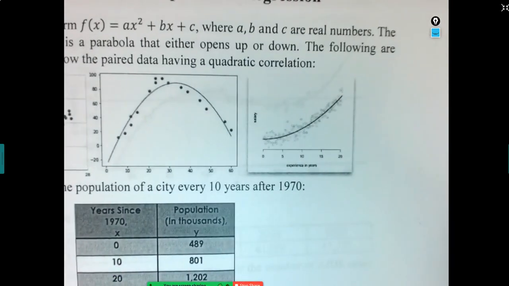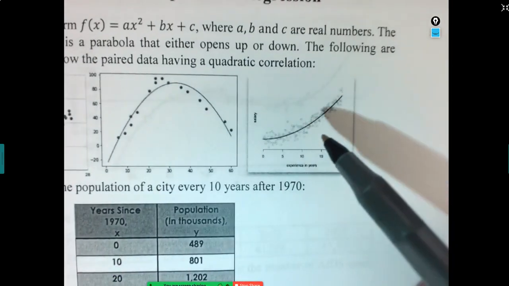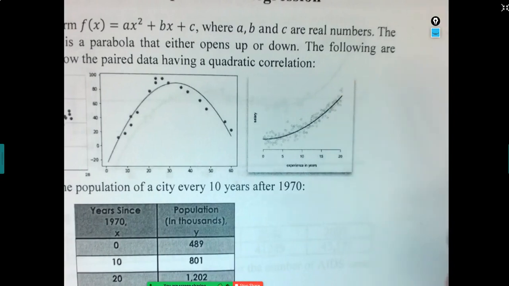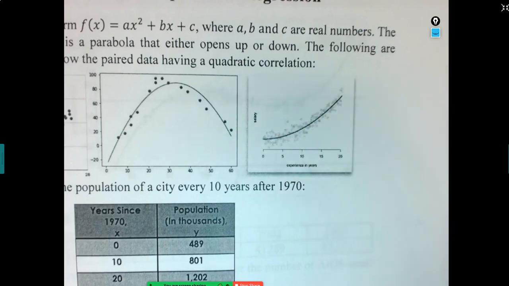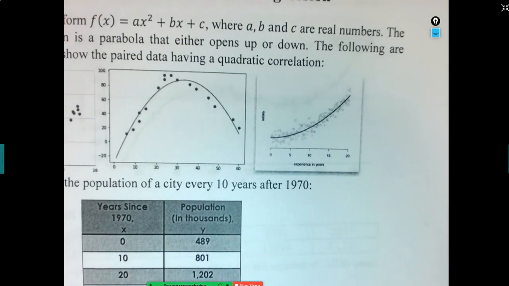Okay. And this is where we have to be careful, because sometimes if I were to take out that solid curve and you're just looking at that scatter plot, sometimes a student can mistake that for linear regression. Okay.